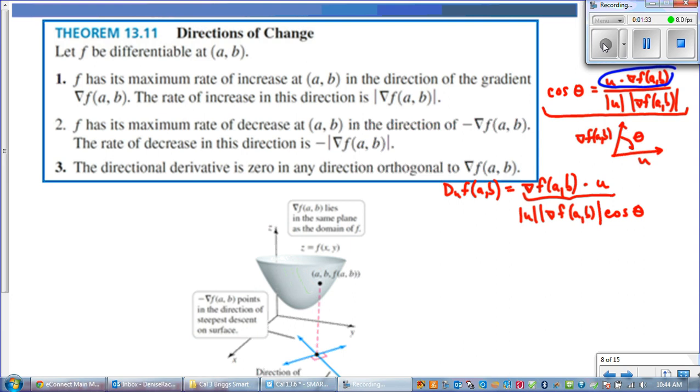Now recall that u is a unit vector, so the magnitude of u is just 1. So this becomes just the magnitude of the gradient times the cosine of the angle between them. So this is how we can look at that directional derivative. Now, remember that the values of cosine of theta range from -1 to 1.